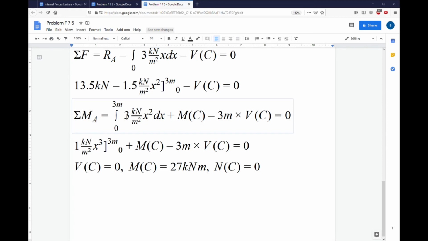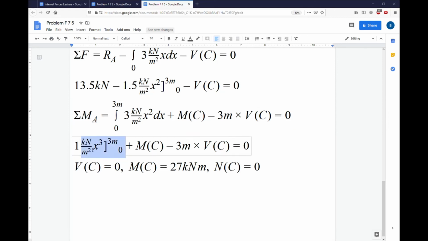Evaluating this integral, the integral of 3x squared dx, the indefinite integral is x squared becomes x cubed, bring the 3 down, that becomes 1x cubed, evaluated from 0 to 3 meters. Plug in 3 meters to x here and you get 27 kilonewton meters. Plug in 0 to x, you get 0.